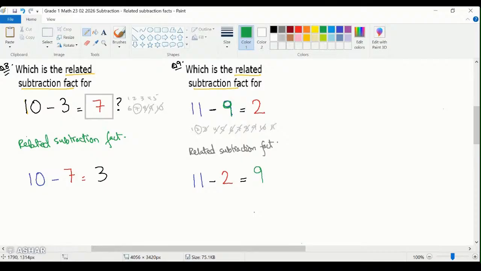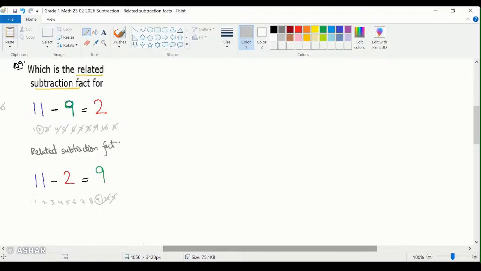Okay? Thank you, Precious. So we can always verify this. We can write the numbers 1, 2, 3, 4, 5, 6, 7, 8, 9, 10, and 11. If we subtract 2, we are left with a 9. Agreed? Let's have a look at more examples.